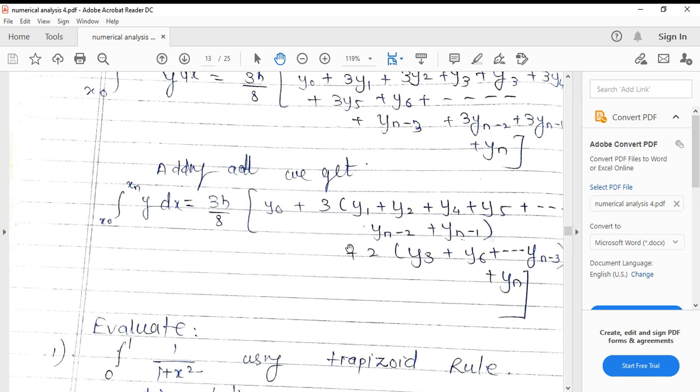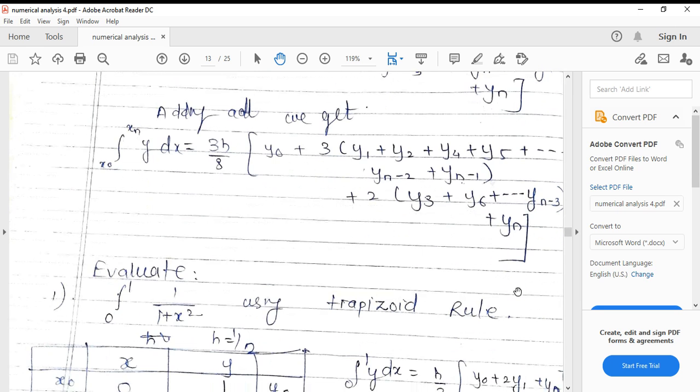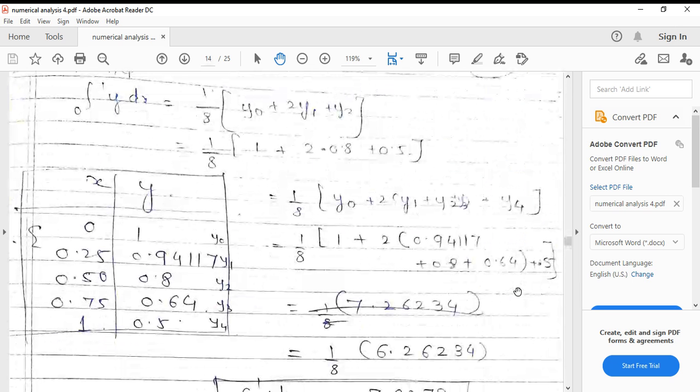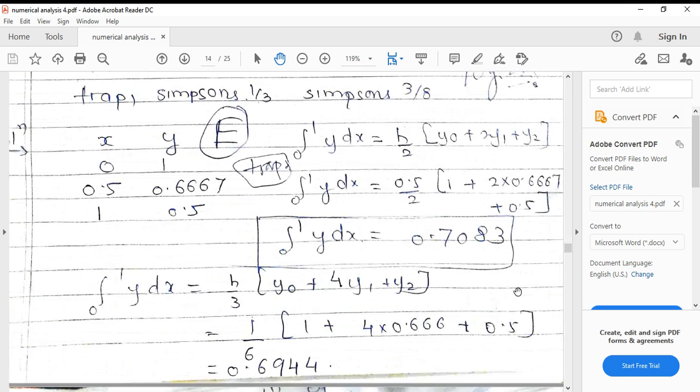If you put n equal to 2, what we get is y naught plus 3 y1 plus 3 y2, and hence finally you can get the result, which you can calculate on your calculator itself. For the 3/8 rule it is y naught plus 3 y1 plus 3 y2, and the answer is 0.8437. Okay, so in this way you can solve the examples.